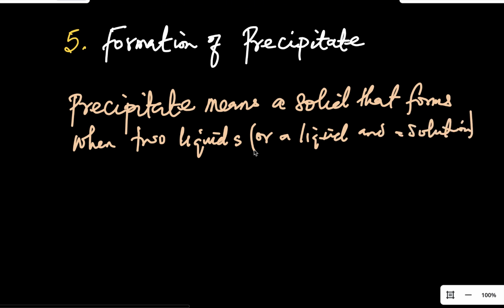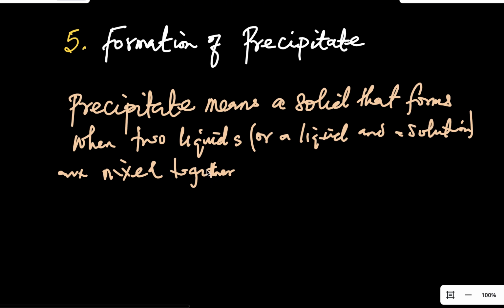I will not be doing more writing so that I can explain this speedily, but just be active to follow what I'm saying. So precipitate means a solid that forms when two liquids, or a liquid and a solution, mix together.